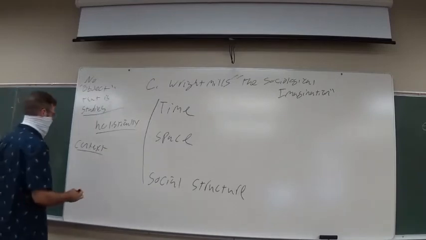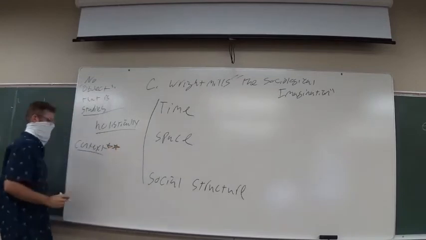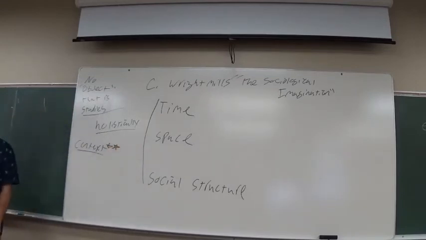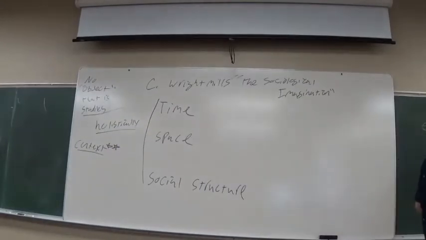Right? So another way to think about sociology, and we'll round back to this, a good definition that I like, is that sociology is the study of the context of the things that people think, do, and say.